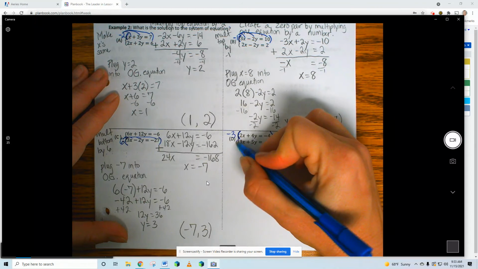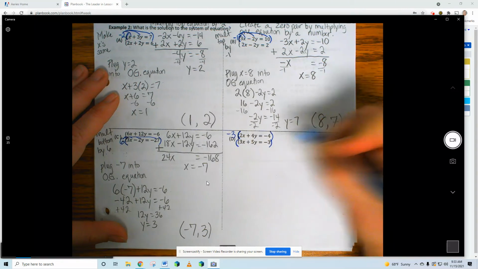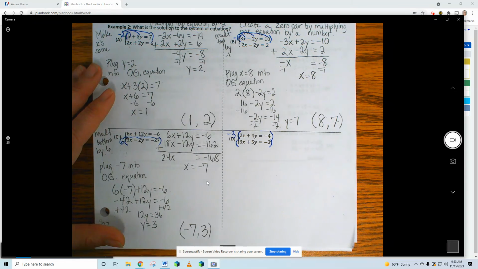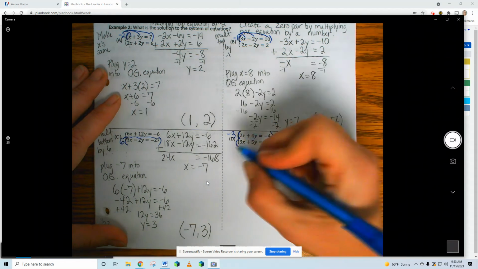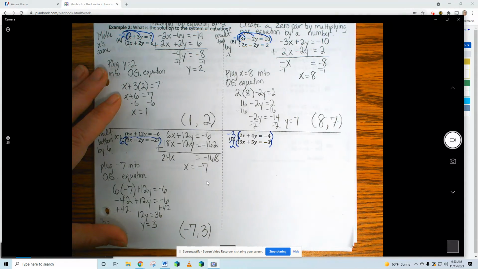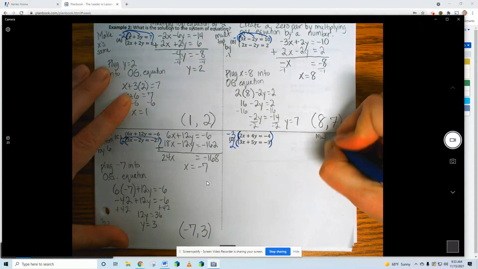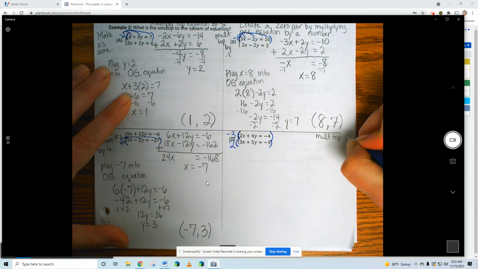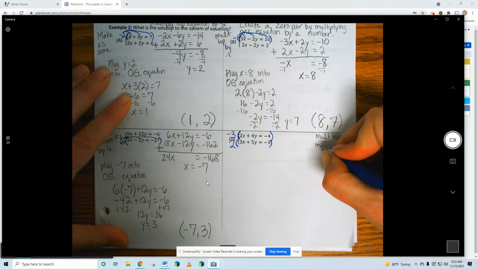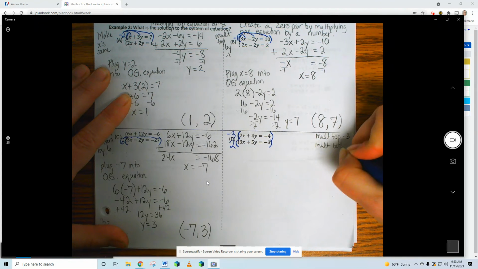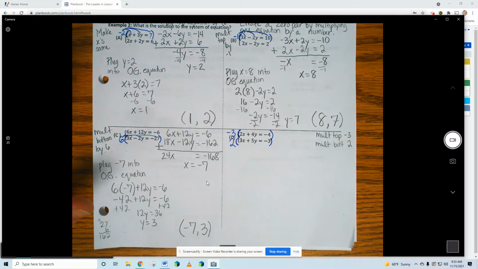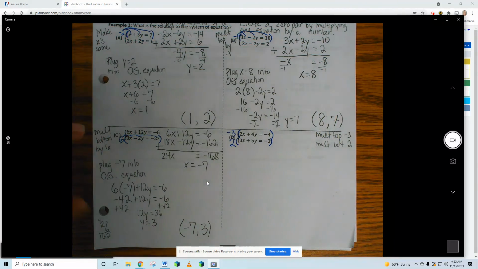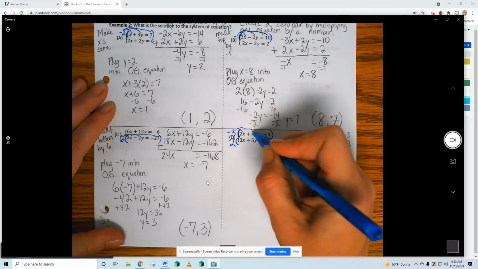The bottom, I have to make it into a positive 6. What do I multiply 3 by to make it a positive 6? 2. So multiply top by negative 3, multiply bottom by 2. And I'm just distributing.